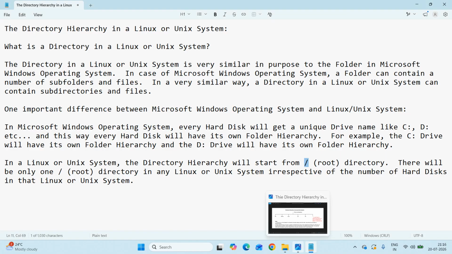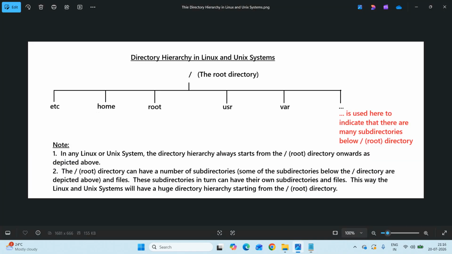From the forward slash onwards, the directory hierarchy starts in a Linux or Unix system. That is what I am depicting here, people. Forward slash indicates the top of the directory hierarchy. Now, below the root directory, there will be a number of subdirectories, like some of these that I have mentioned here.